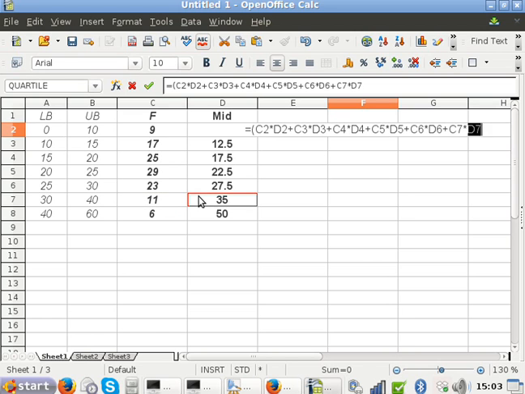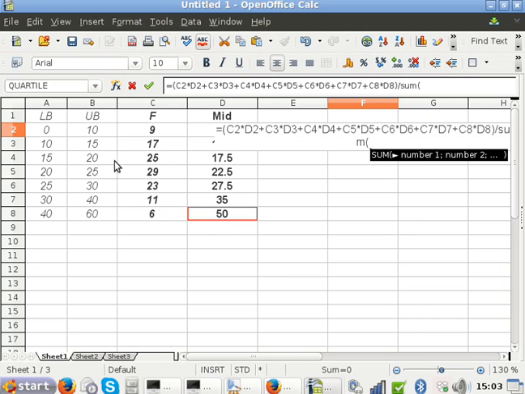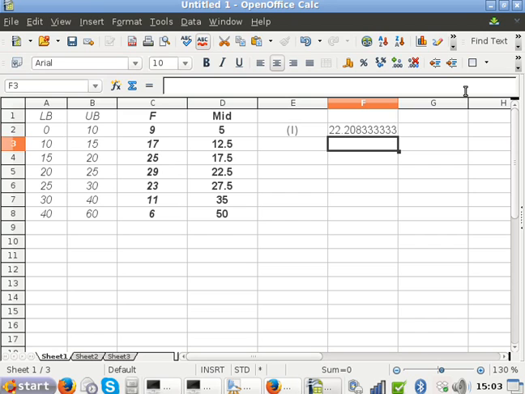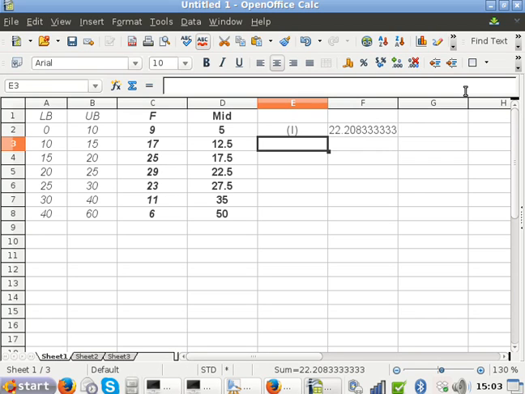Divided by the total frequency. So when you hit this out on your calculator, you'll get 22.21 as the mean. So how many marks now have we got so far? 4.